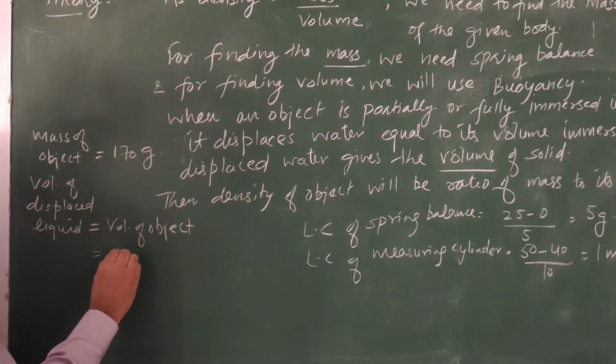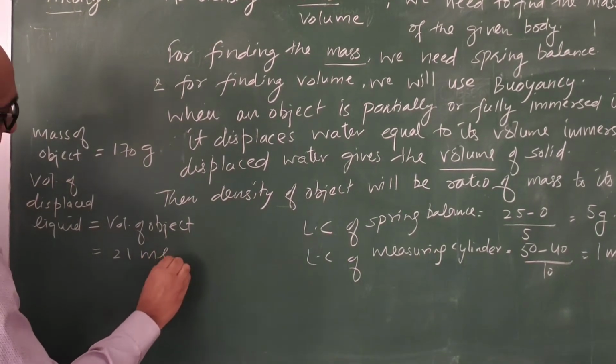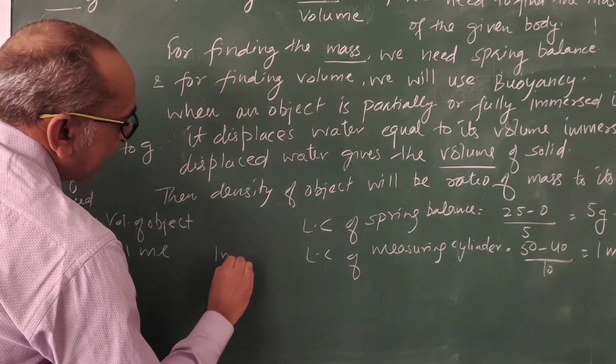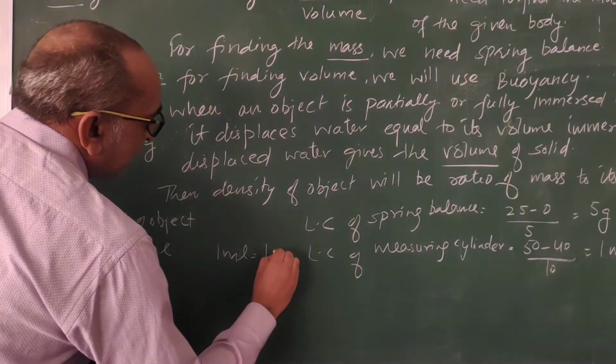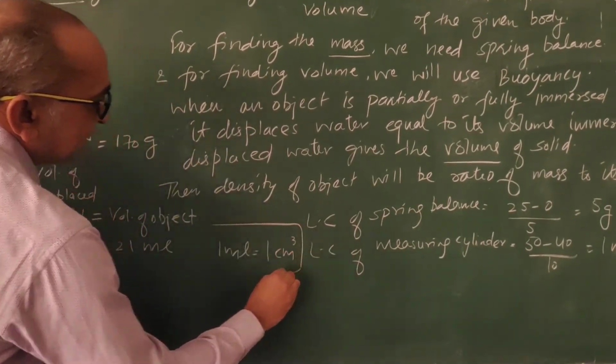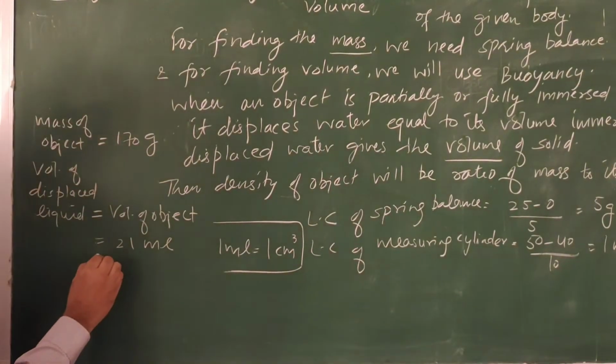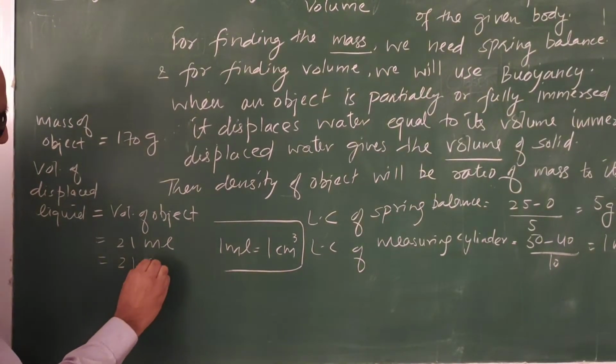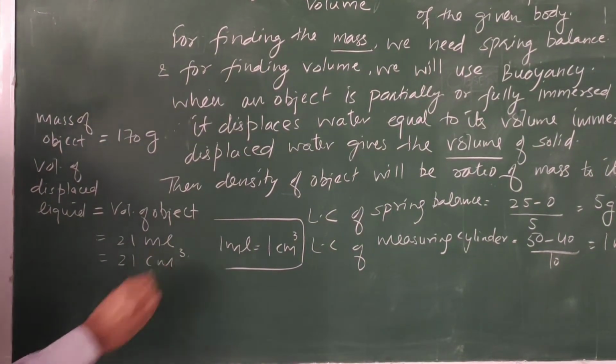This is 21 ml, and 1 ml is equal to 1 centimeter cube. This is the conversion factor. So its volume becomes 21 centimeter cube.